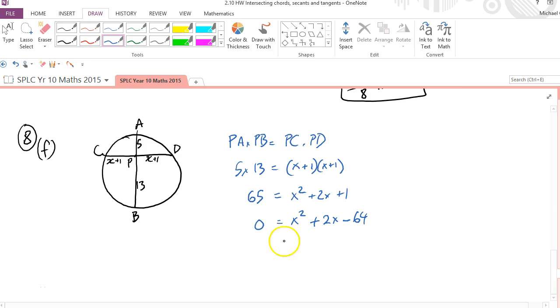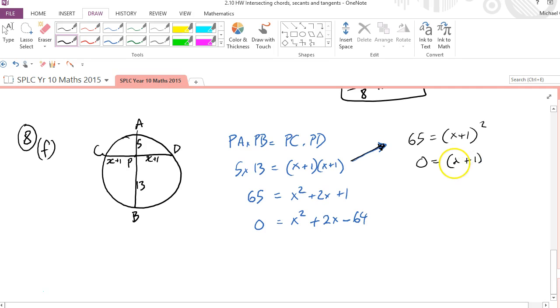So we could use our quadratic formula, or we could use our favourite rule in maths by being a bit sneaky way back up here. You can see that I've got 5 by 13 equals x plus 1 times x plus 1. I could write 65 equals x plus 1 all squared. Now I did say you've got to set them equal to 0 and factorise, so let's do that.